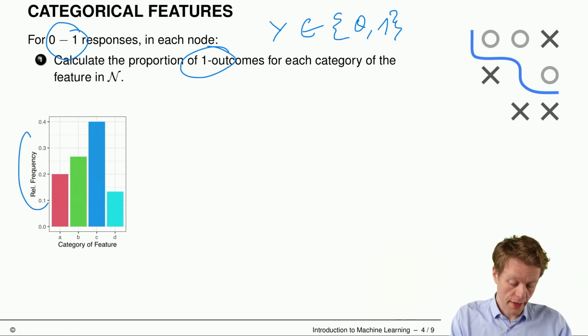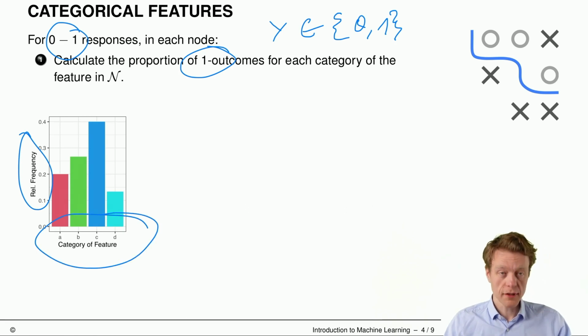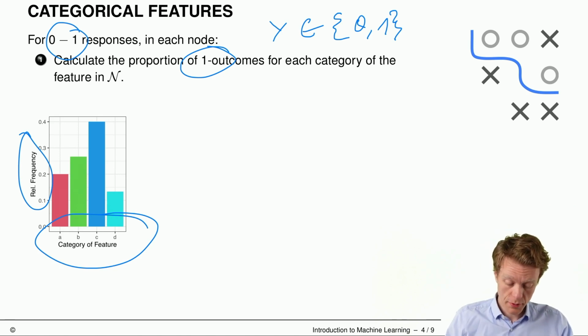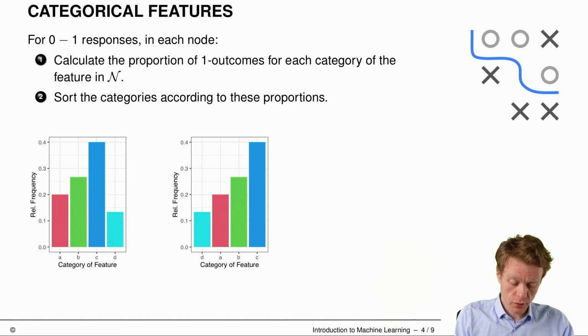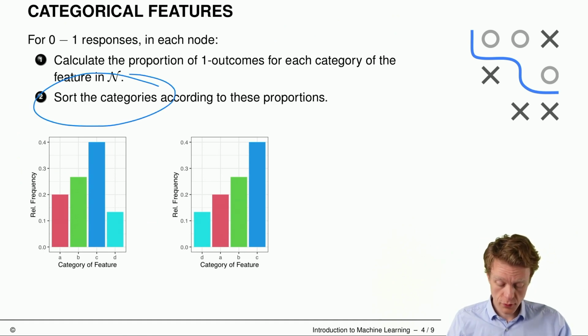On the y-axis we have the relative frequency, on the x-axis we have the category of the feature. So these are 4 categories of this feature. Of course, the relative frequencies should sum up to 1. Then on the next slide, what we did here is we sorted the categories according to these proportions, an ascending ordering.